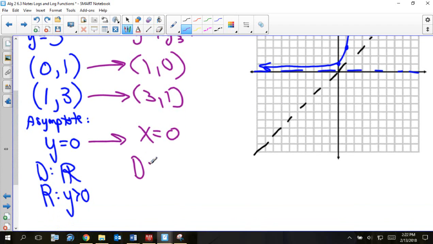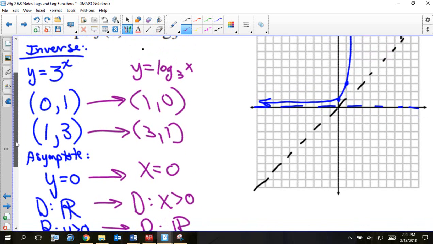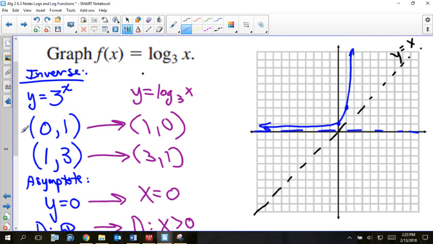Domain, I switch x and y. So this one's going to be x is greater than 0. And my range, I switch x and y, so it is all real numbers. Just switch all the x's and y's. We'll go graph them. So my asymptote is at x equals 0. So where this one was on the x-axis, this one is now on the y-axis.